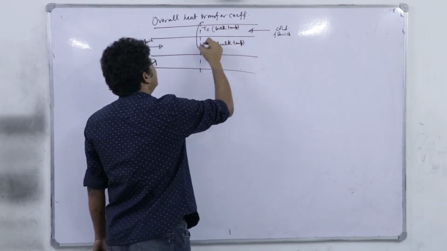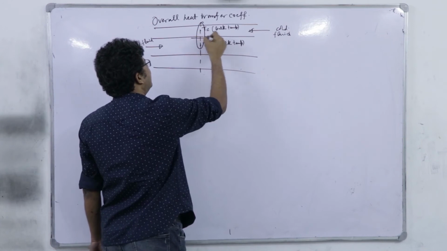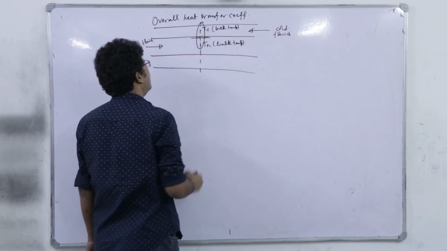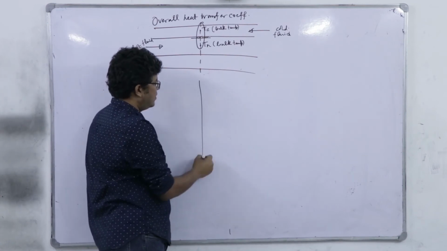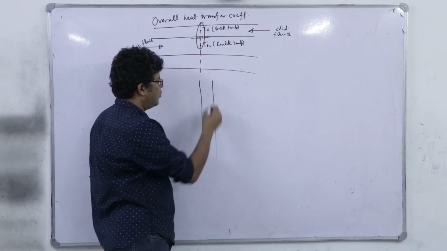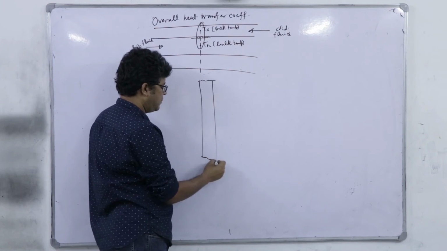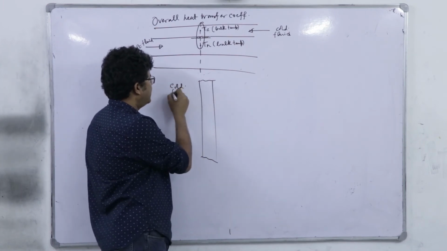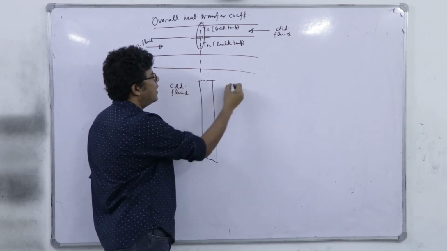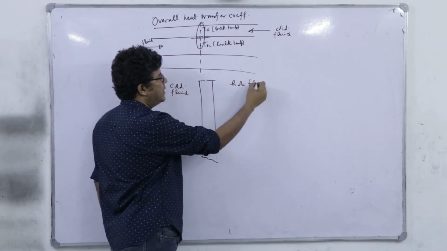Over this region, what is the temperature profile? And you have a metallic wall. So, you see, if I think that this is the metallic wall of the pipe, and on this side we have cold fluid, on this side we have hot fluid.